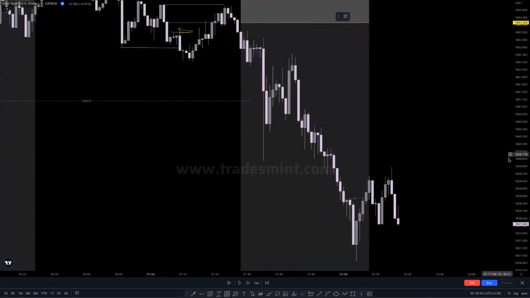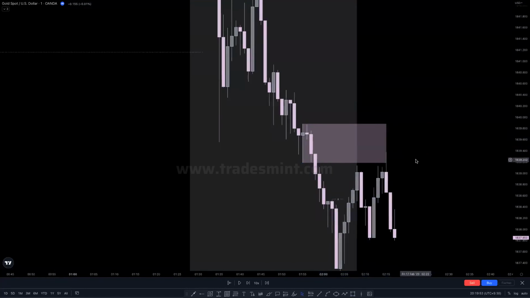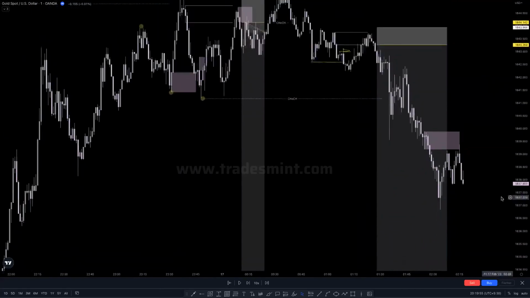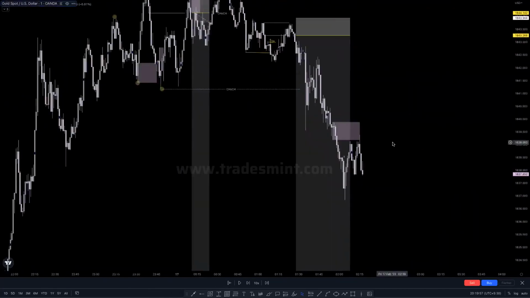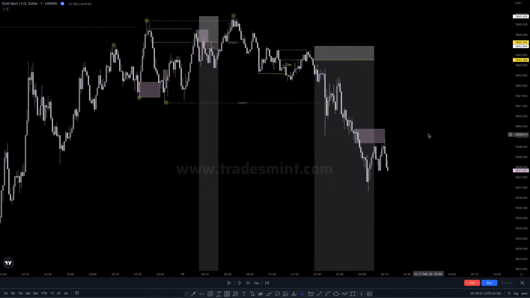So this one is our pullback at this point. This candlestick is here. So simply, if you are willing to sell here, then you can sell here. But I will suggest that when price takes out the inducement, you take an additional confirmation based on the single candle order block.